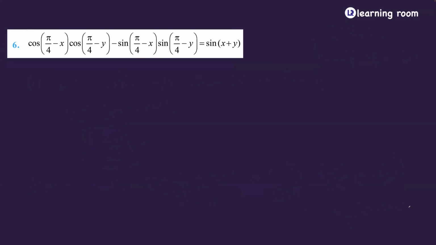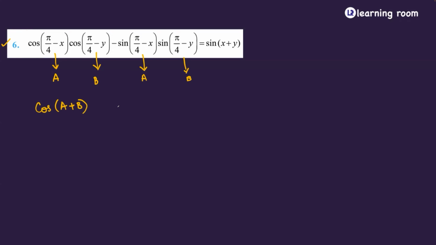So the next problem is cos of (pi by 4 minus x) into cos of (pi by 4 minus y) minus sine of (pi by 4 minus x) into sine of (pi by 4 minus y) is equal to sine of (x plus y). Okay. So if you observe, if I take pi by 4 minus x as a, and pi by 4 minus y as b, it is of the form cos of (a plus b).